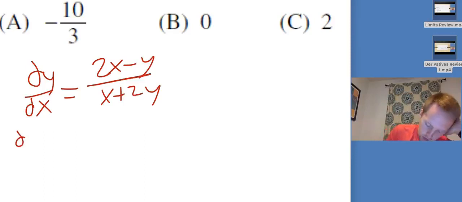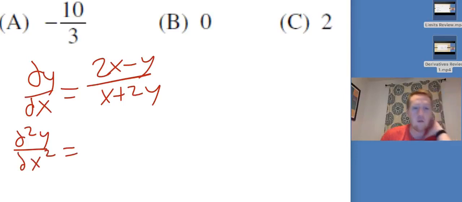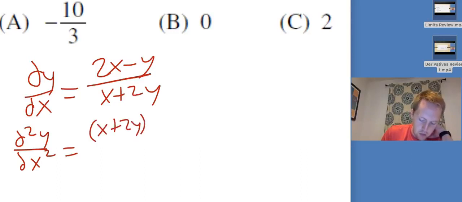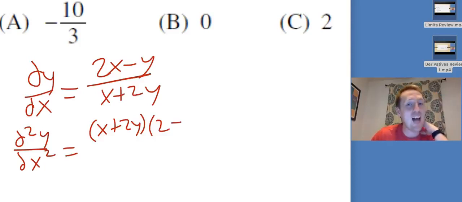So d squared y dx squared, remember low d high, high d low, low over low squared. So x plus 2y times the derivative of 2x minus y. So that's 2 minus the derivative of y, which is not 1. The derivative of y is 1 times dy dx because I'm not differentiating with respect to y.